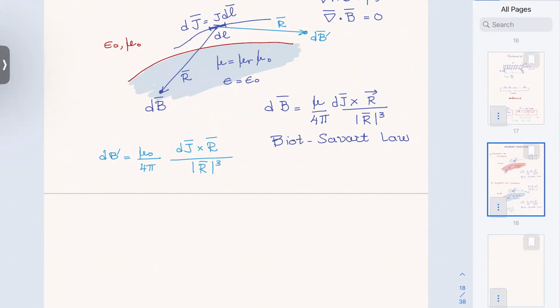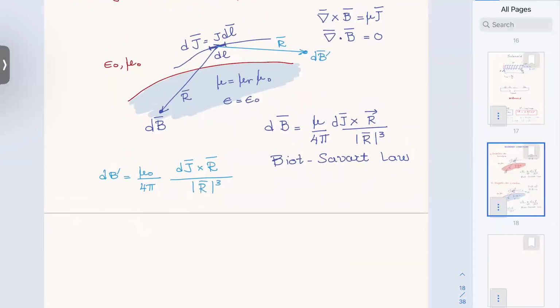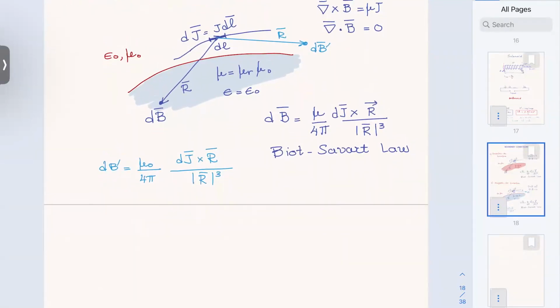So the magnetostatic field is blind. It's like it does not exist for a dielectric. So the magnetostatic field does not see it, and it does not matter for it. Okay, so now, however, we are in a magnetic air interface. So I will take the same interface at this moment.